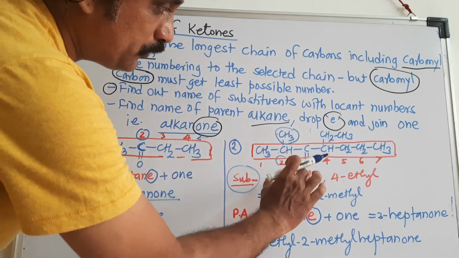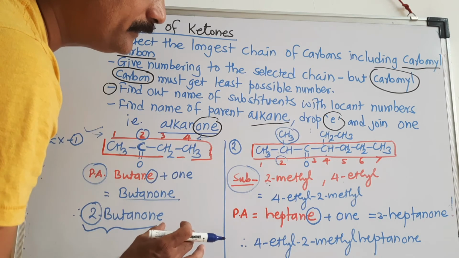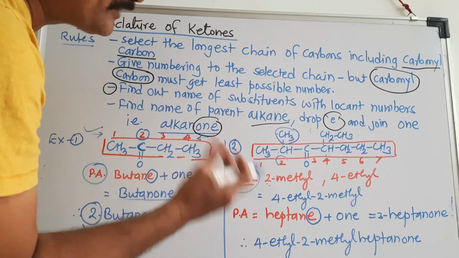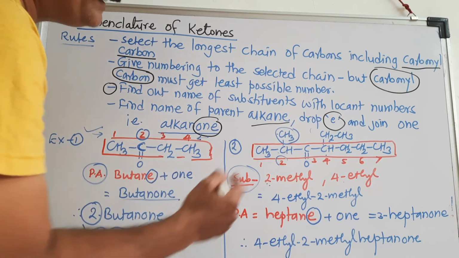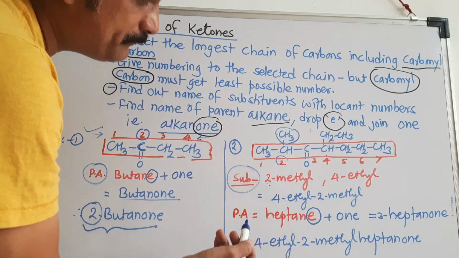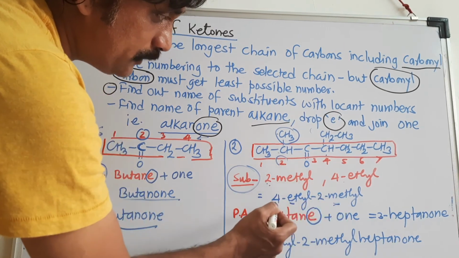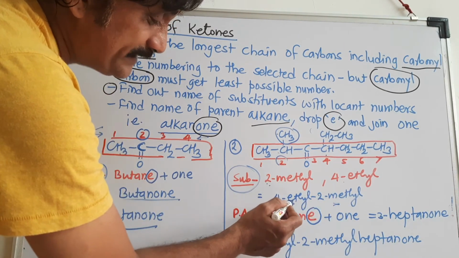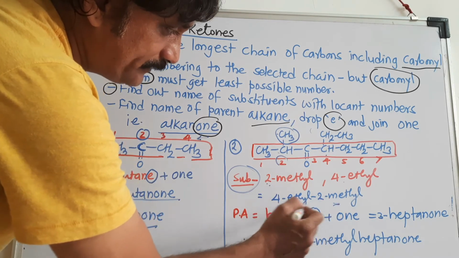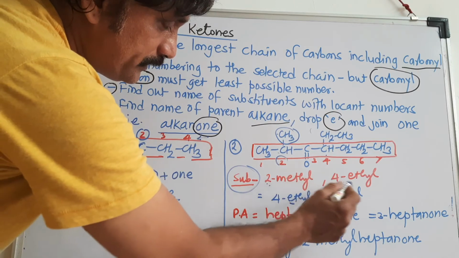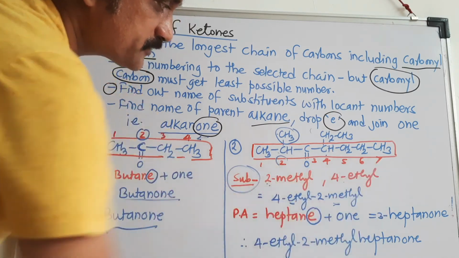Now if more than one substituent is present, you have to combine them together by using one rule, that is, you have to arrange them in alphabetical order irrespective of their locant number. So E will come alphabetically first, then M. So I wrote here first ethyl, so 4-ethyl, then 2-methyl. This is the name after the combination of these 2 substituents.